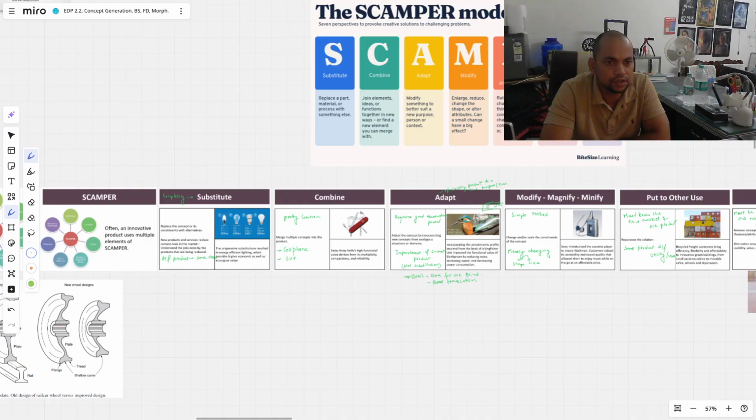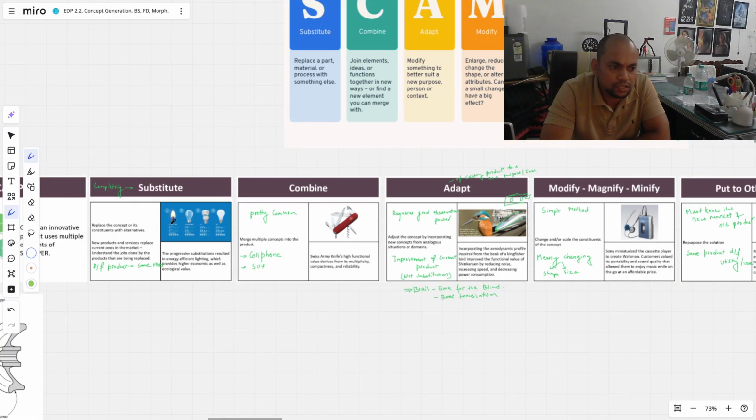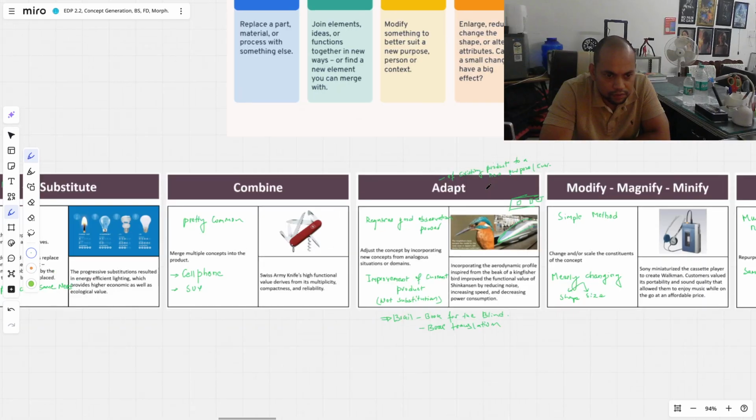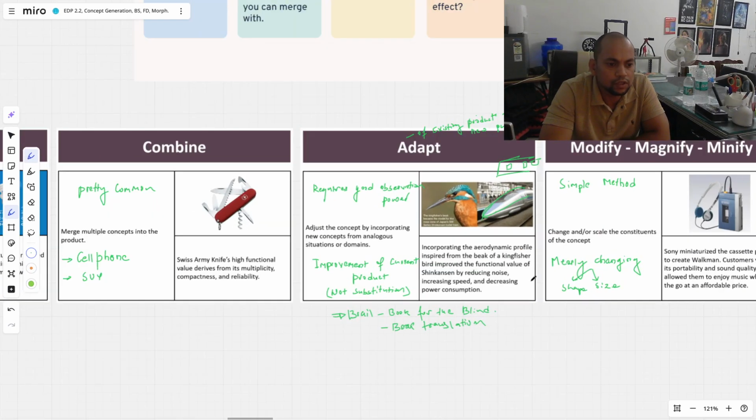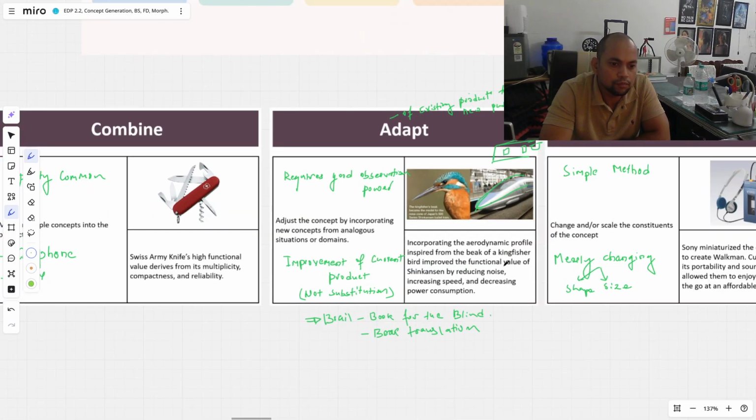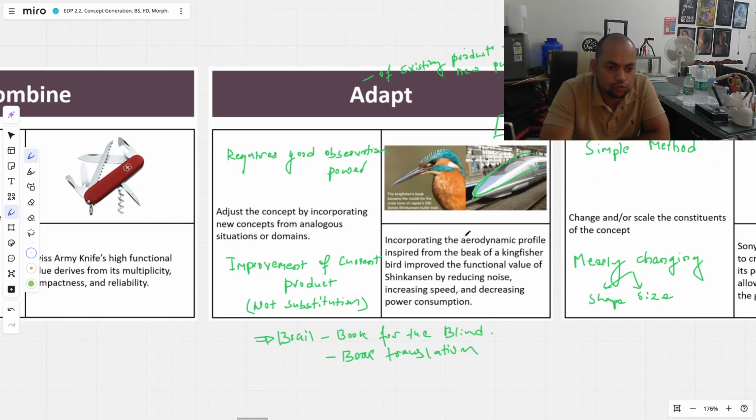by this method, Scamper. So we are not substituting the product at this point, we are merely adapting it. One more example you can think of is braille, which blind people use for reading. We have not replaced the book with a cell phone or a tablet.